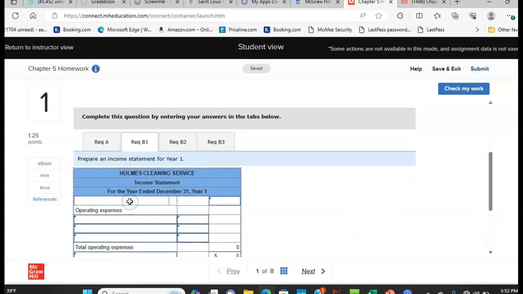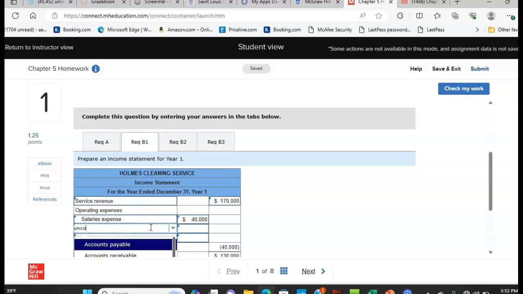So we did have service revenue, and that amount was $170,000. On the operating expenses, we had salaries expense, which I believe was for $40,000. I'm gonna check in a second. And we had uncollectible account expense, and I forgot that amount.